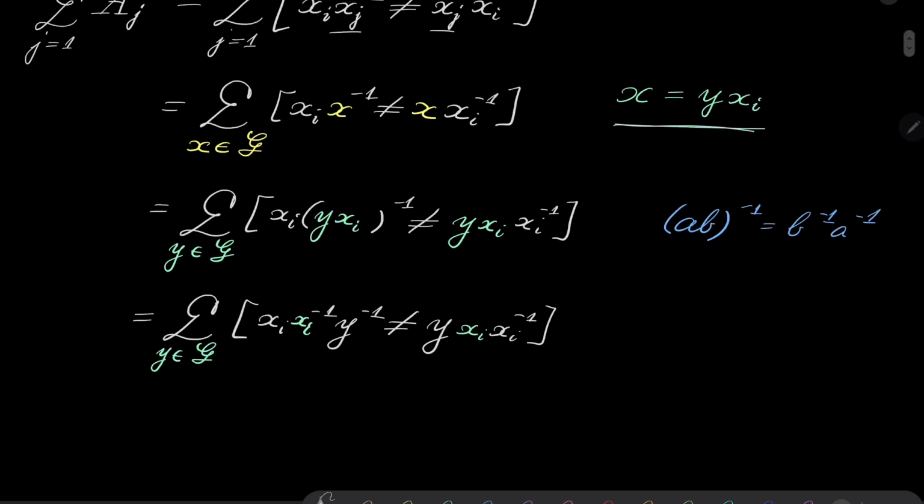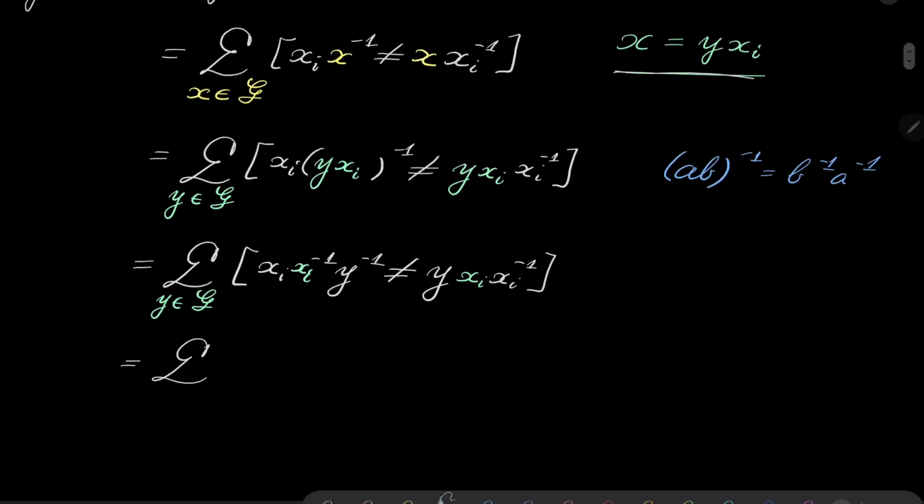Now we can do simplifications, because notice, also let's write y in green to be consistent. Because now notice that this cancels, and we have y inverse is not equal y.